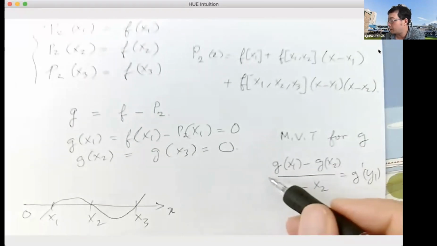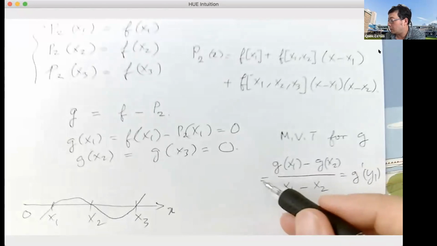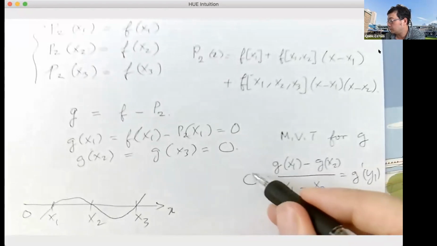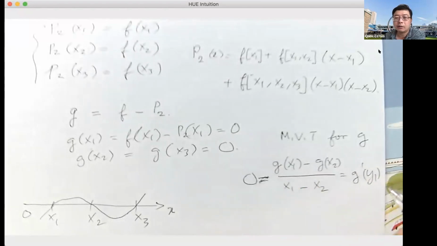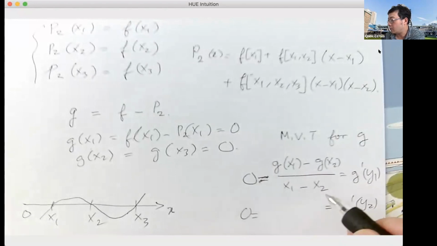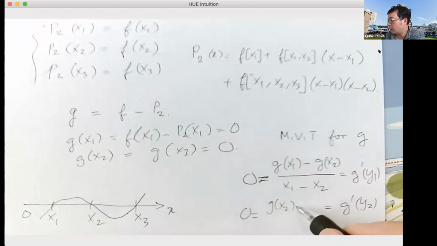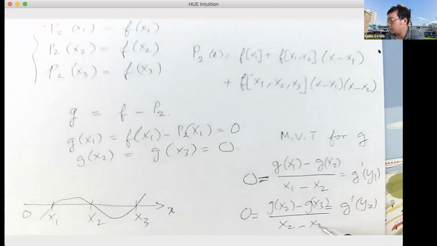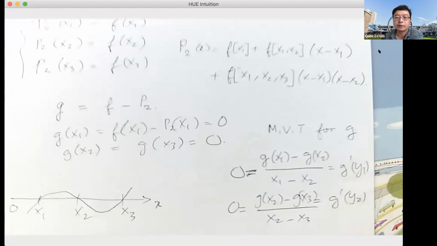So g prime at y1 is just equal to 0. And similarly, you have g prime at y2 equals 0, for g(x2) minus g(x3) over x2 minus x3.